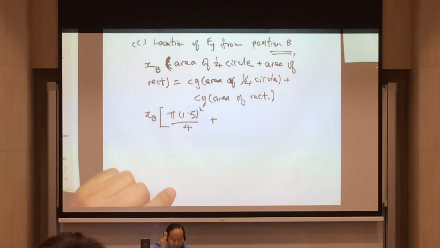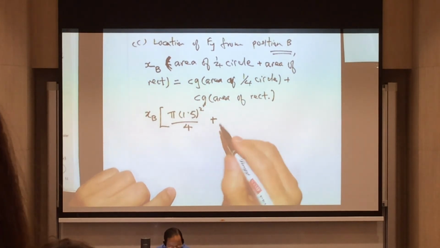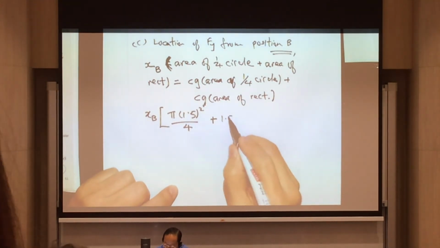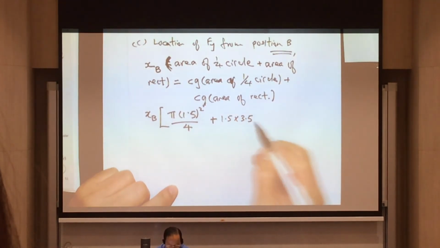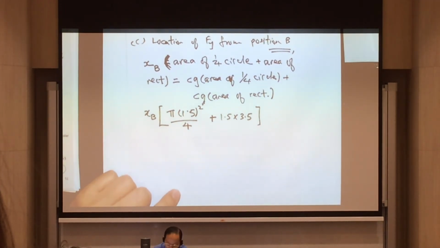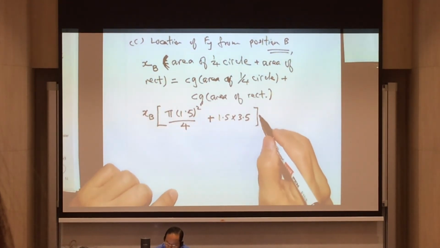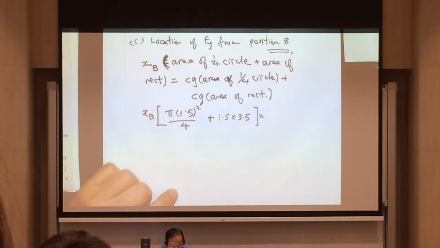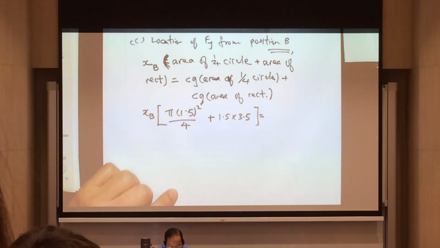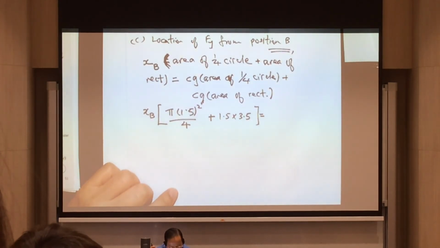And this equals the right hand side, which is the center of gravity of the area of a quarter circle.